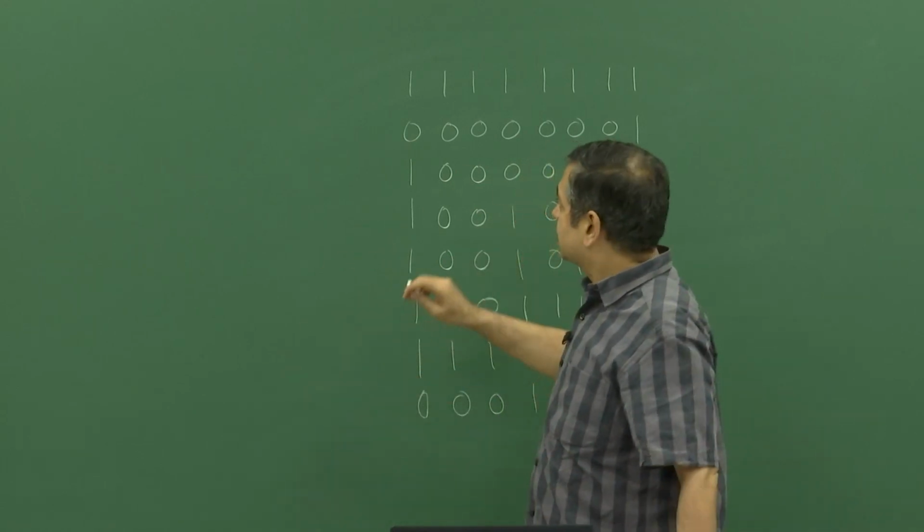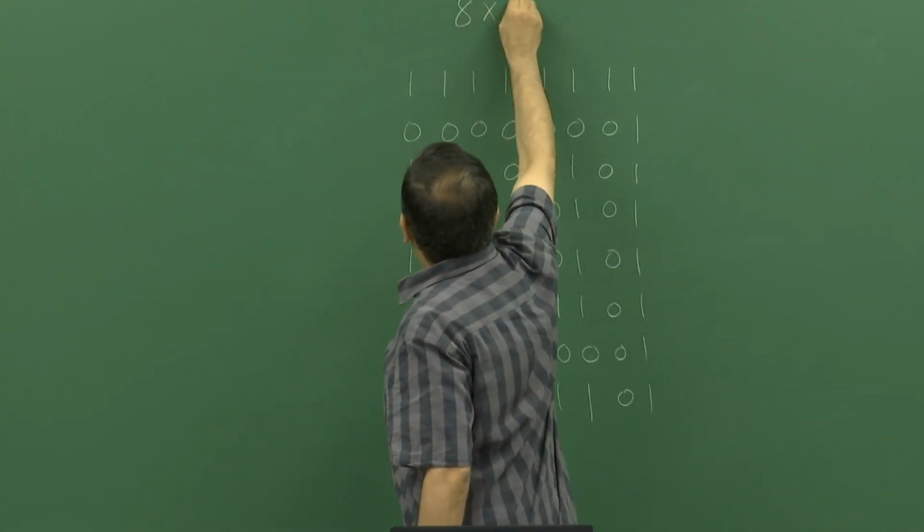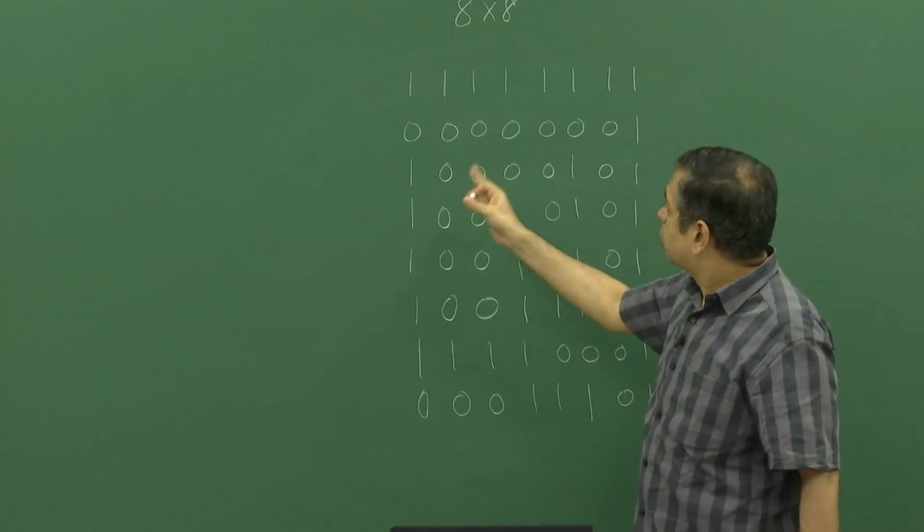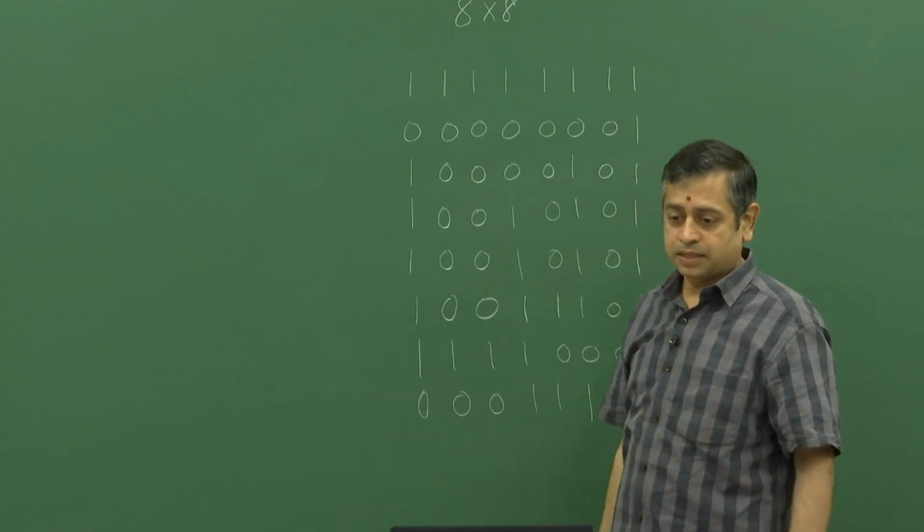Let us say that this is my lattice, so it is an 8 by 8 lattice, and 0 and 1 represent A and B, let us say, right.